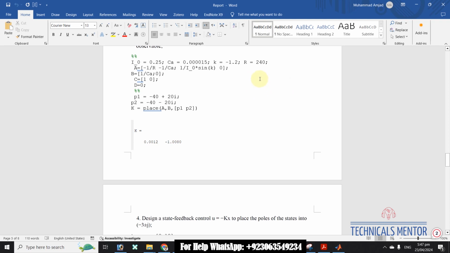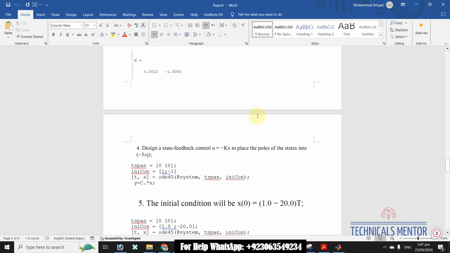This relationship introduces nonlinearity into our system, which we will address through local linearization.